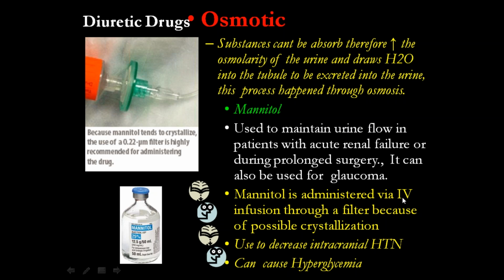So mannitol is given by IV infusion through a filter because of possible crystallization. Another thing that we need to remember is that mannitol is used to decrease intracranial hypertension.